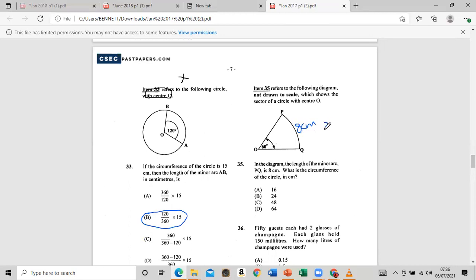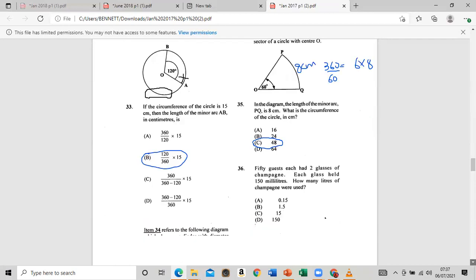So we know that there are 360 degrees in the entire circle. So we need to know how many 60s make 360. 6. So 6 times 8, that'll be 48. So no long formula, just reasoning.